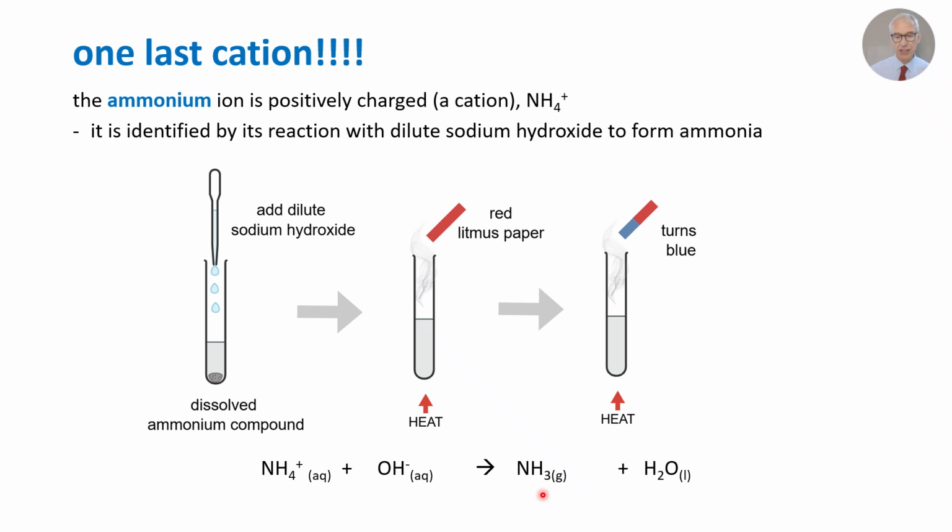So it combines a test for a gas with a test for a positive ion. So the ammonium ion, warm the compound in dilute sodium hydroxide, a vapor or gas produced turns red litmus blue.